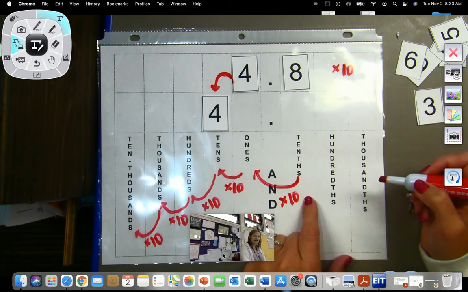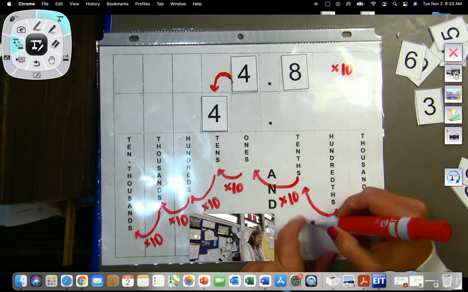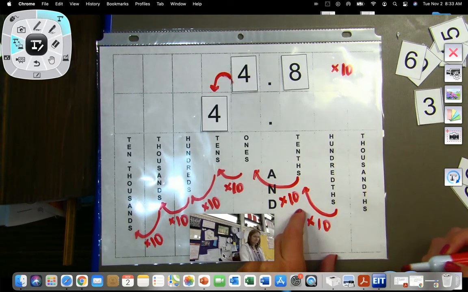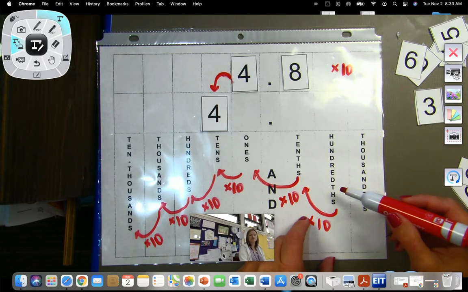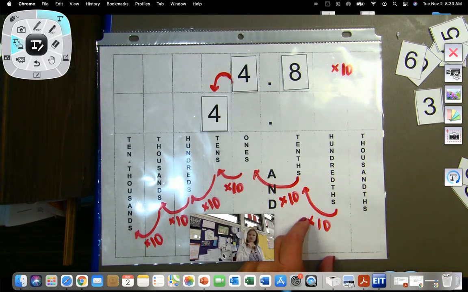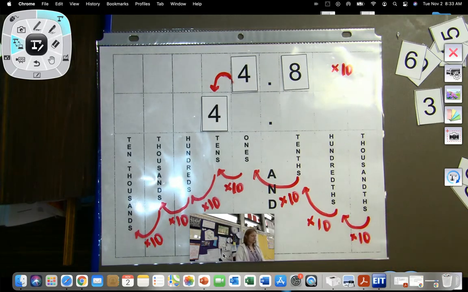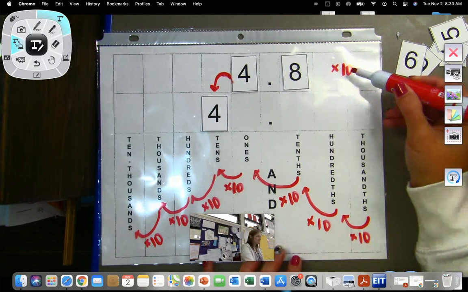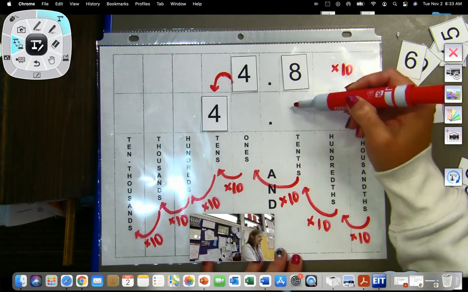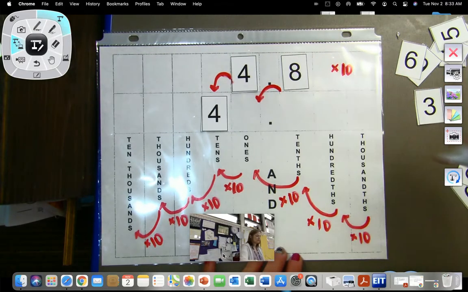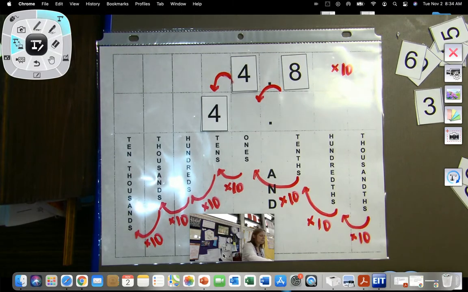From hundredths to tenths, it takes 10 hundredths to get 1 tenth. And we should remember that also from our models where we colored in the tenths on the hundredths chart. We had 100 little squares and we colored in 1 bar. So 10 hundredths is equal to 1 tenth. And then 10 thousandths is equal to 1 hundredth, okay? So you're going to need to remember that relationship. And since we know that the 8 is in the tenths position already, and we're multiplying by 10, that's going to take the 8 one position over to the ones position, okay?